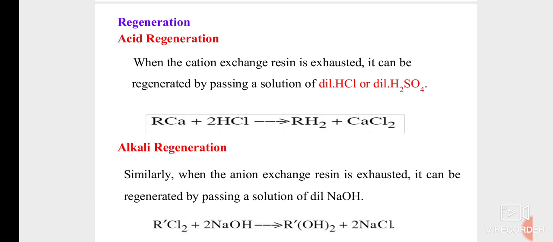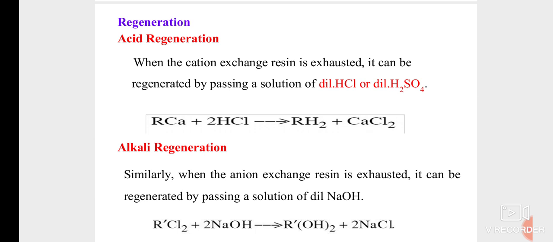After the RH2 is exhausted, if we pass raw water, there is no absorbing process of the cations occurring in the column. The same thing happens in the anion exchanger column, R-OH twice. At one particular stage, the R-OH twice is also exhausted. There is no absorption of the anions in that column.